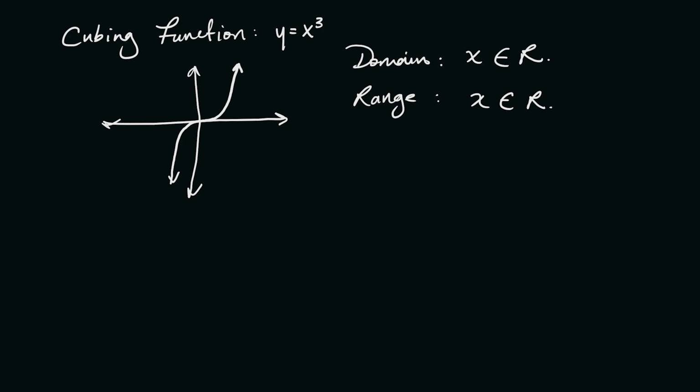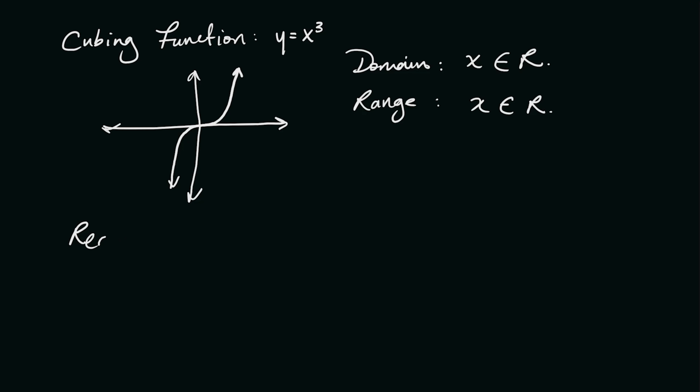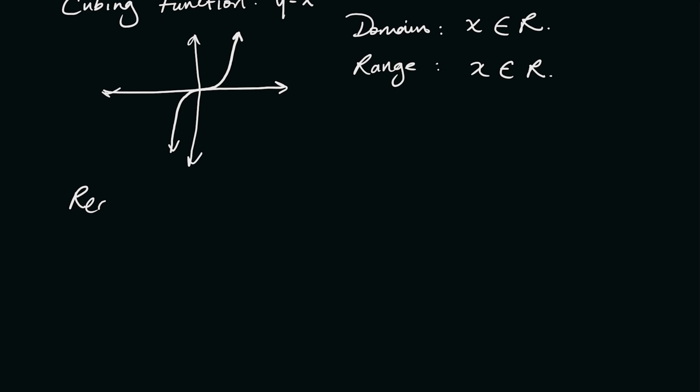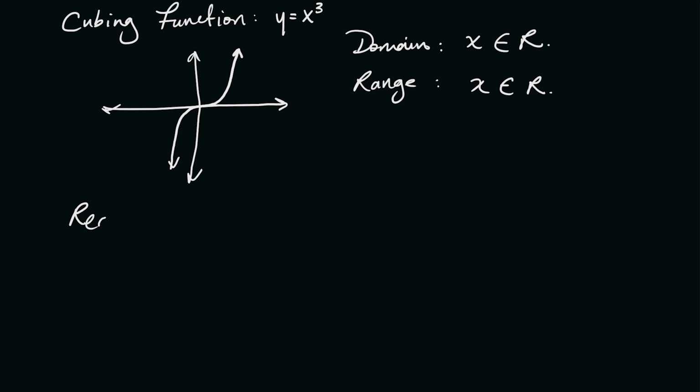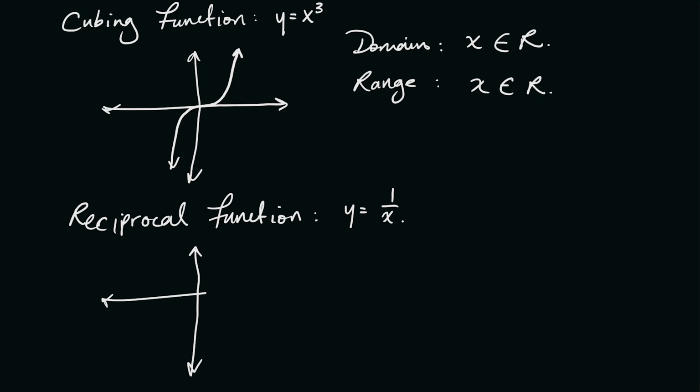Now, let's take a look at the reciprocal function. The reciprocal function is just y equals 1 over x. We have the reciprocal of x. Then the graph over here looks a little bit funky as well, but it looks like this, and it looks like this.